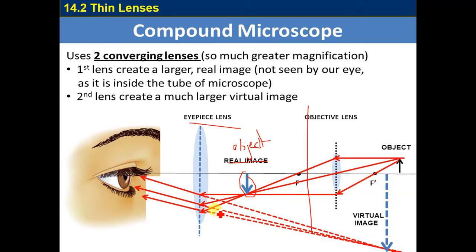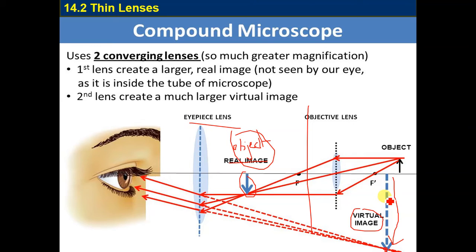But if we extend them backward, follow the dashed lines with me, they will meet at a point. So this intersection is the intersection point of the apparent path of the refracted rays, not the real path of refracted rays. Therefore, this intersection point gives us a virtual image. And as you can see the virtual image, how large it is, as compared to this object. So why is it upside down?